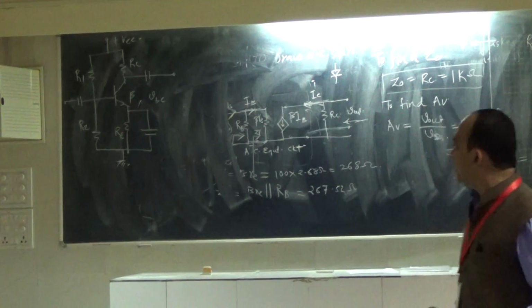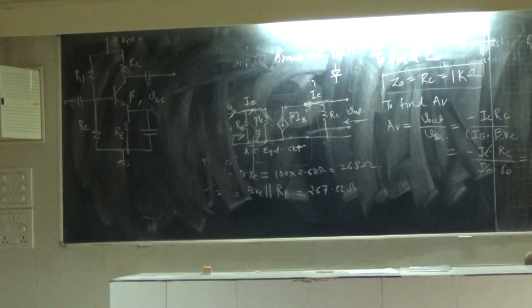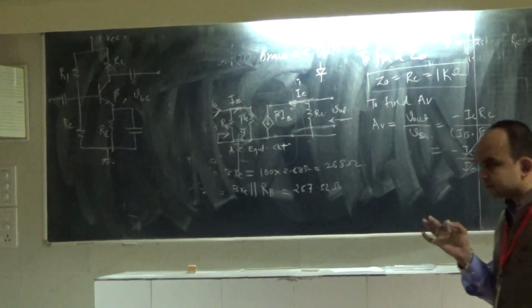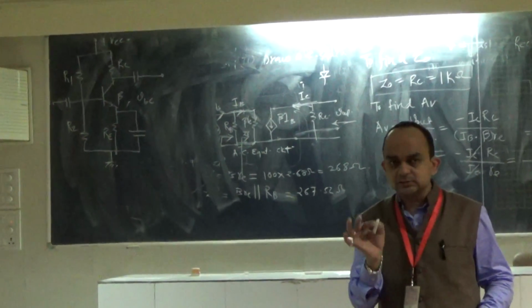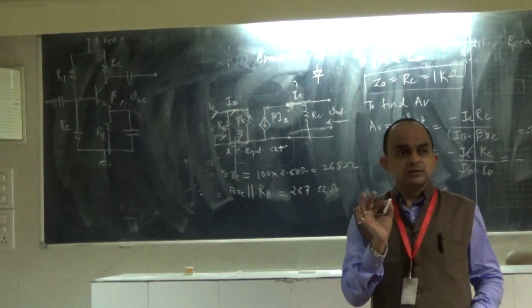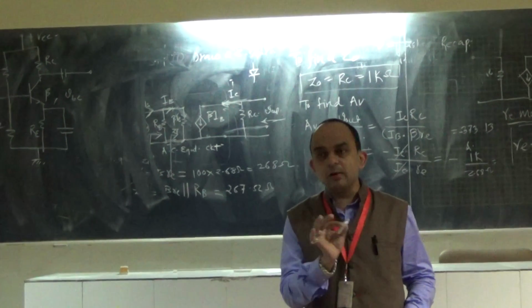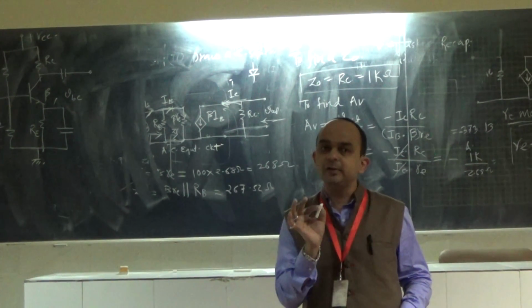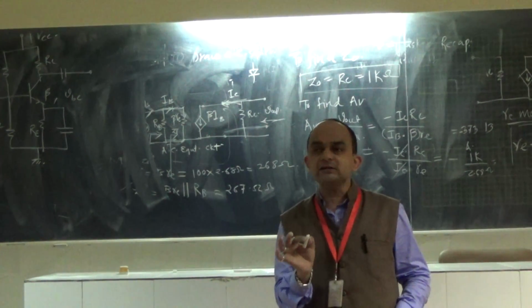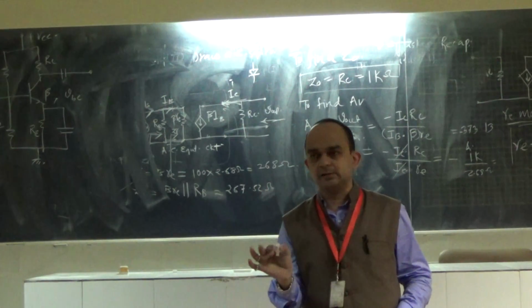The next problem, as per your syllabus, is CE amplifier analysis using the RE model. The earlier one was also a CE amplifier, but with which type of biasing? It was fixed biasing.